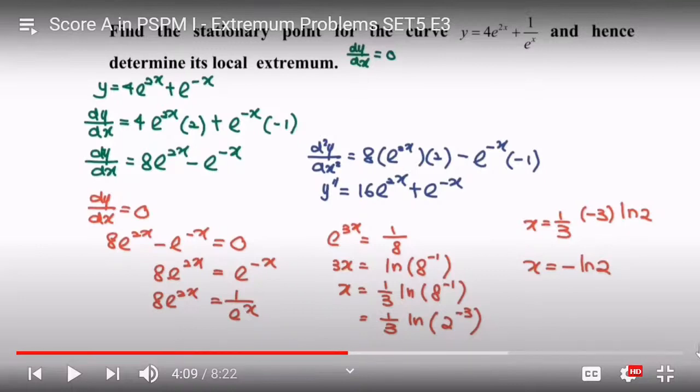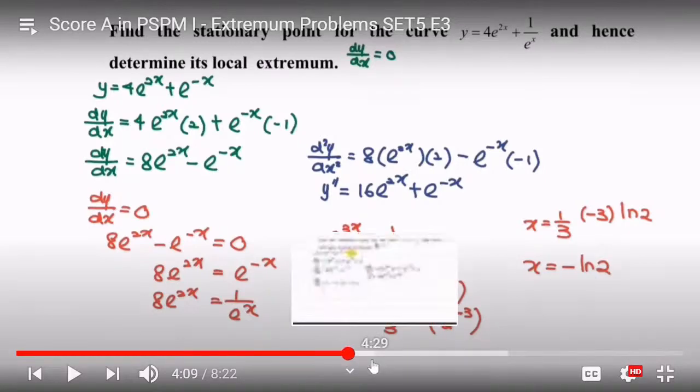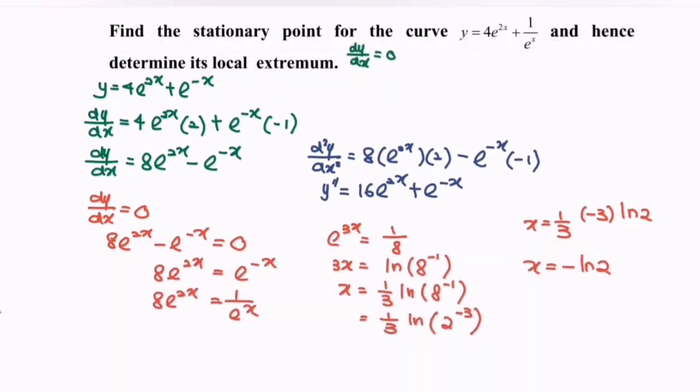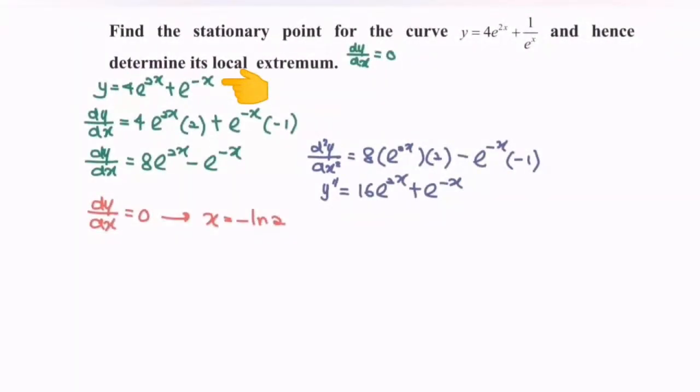Clear? So now, to find the point, we need to substitute negative ln 2 into the function y. Next, we are going to find the point, meaning that we need the value of y. So kindly substitute the value of x, which is equal to negative ln 2, into the function y.